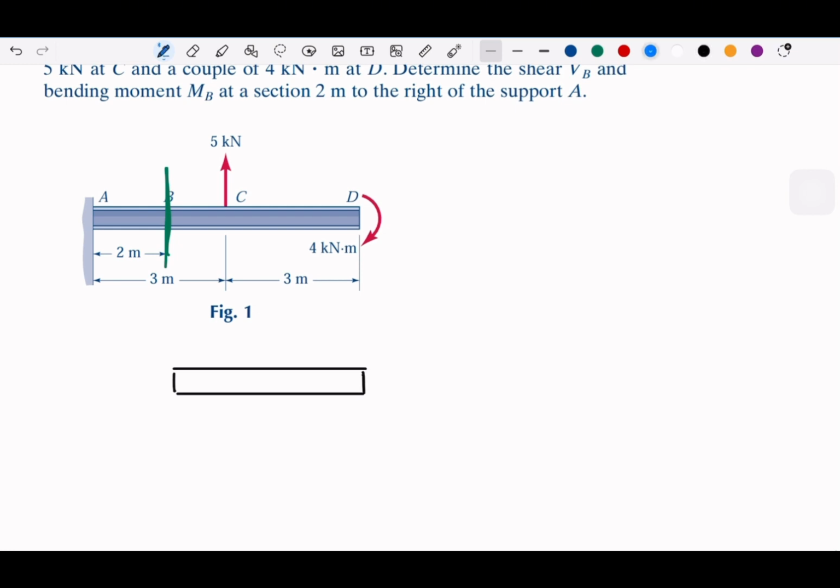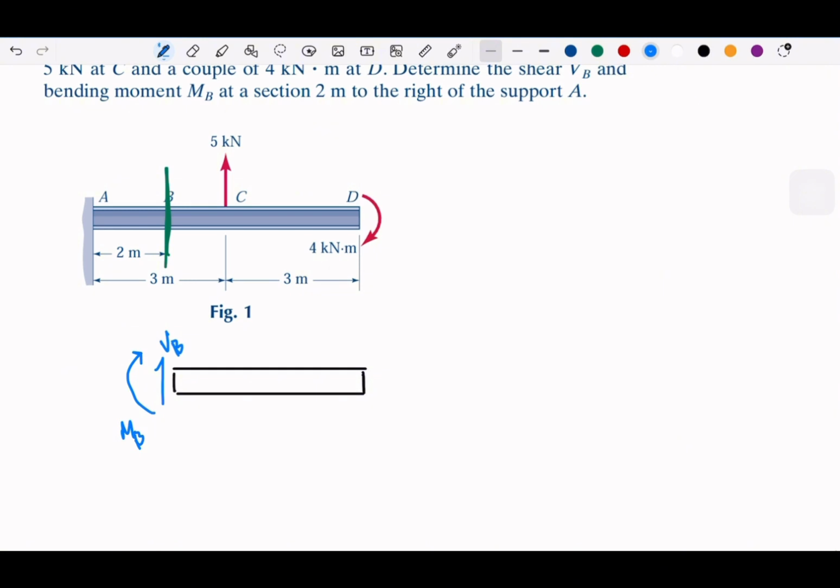So what we need to find is, and remember, when we cut the right part of the element, this is the positive side. Okay. So this is always like this. If you cut and take the left part, VB is going down and then the moment going up. But for the right part, this is going to be the positive one. Okay.